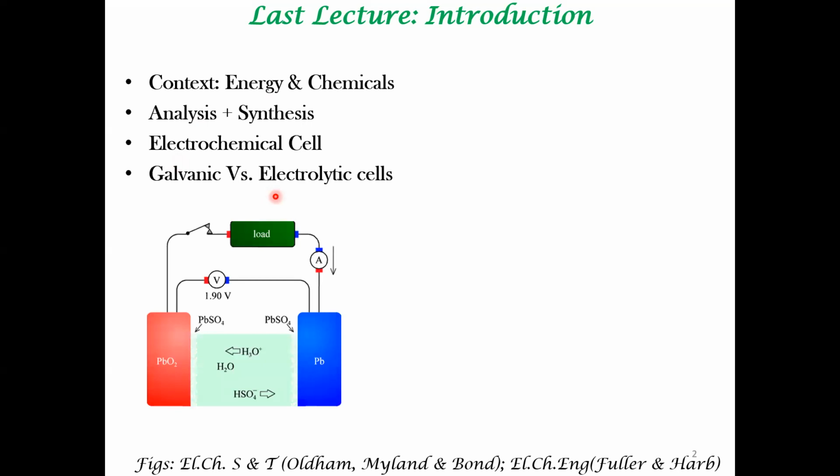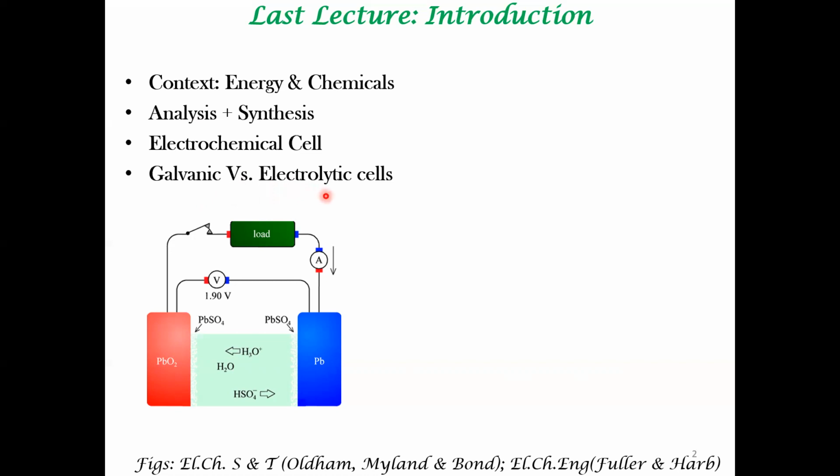So we looked at the lead acid battery. Almost everybody must have seen a lead acid battery. You should now have a better appreciation of what is inside a lead acid battery and how it may act both as a galvanic cell and as an electrolytic cell.